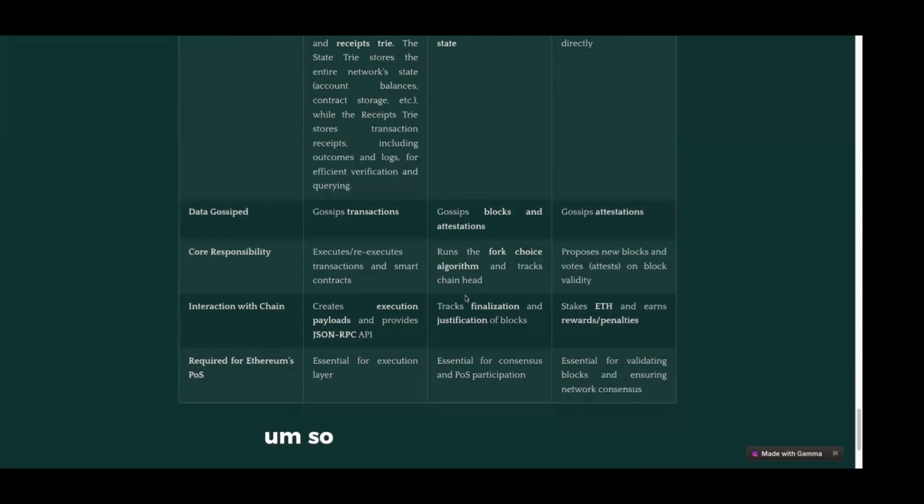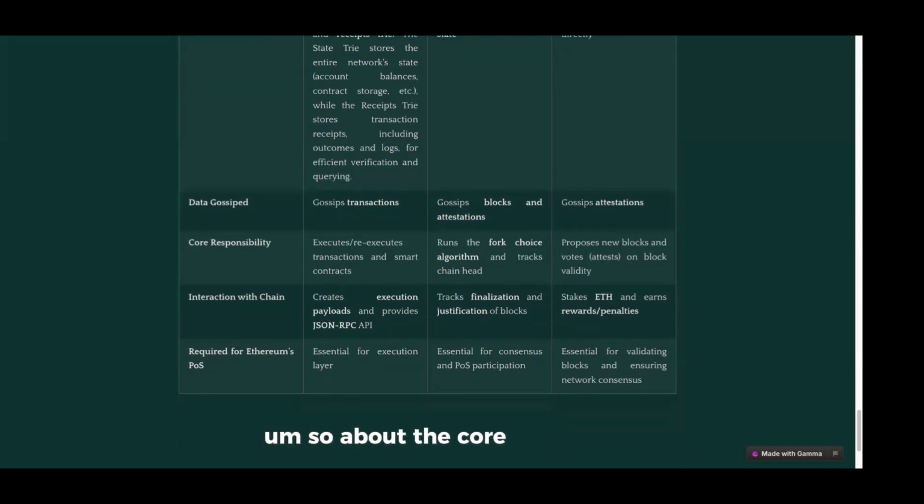About the core responsibilities, the execution client executes transactions and smart contracts. The consensus client runs the fork choice algorithm. So it is basically an attestation counter just to decide on the particular chain that is valid, if maybe something happens along the line.